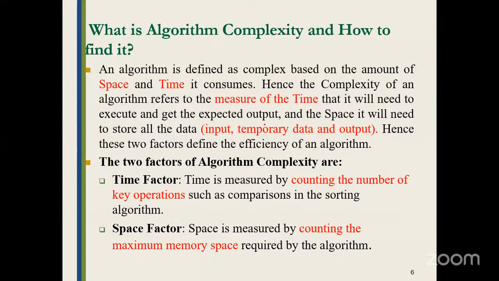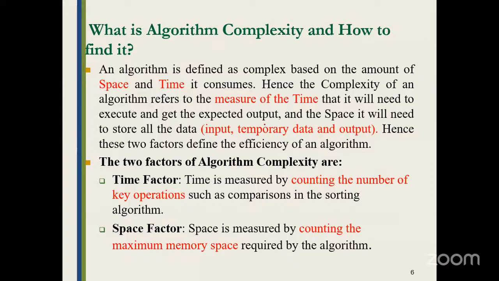Next, the space the algorithm will need to store all the data. For example, if we develop a program, after completion of writing the algorithm we need to write code. In that code, we need to use variables, some objects, receive the inputs, implement the logic, and store the outputs in another variable and so on.